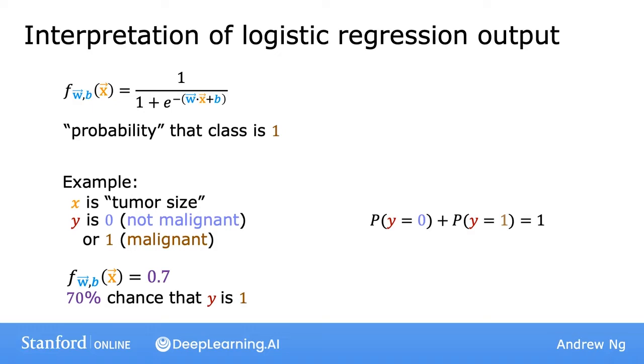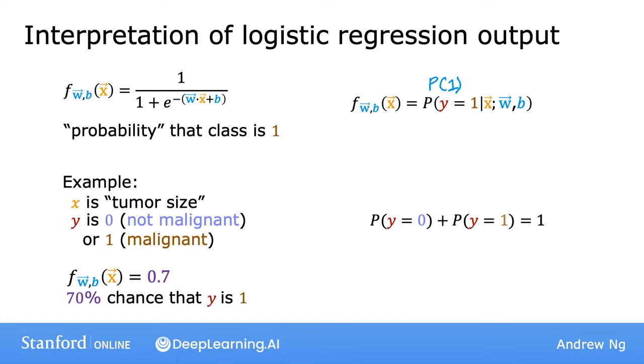If someday you read research papers or blog posts about logistic regression, sometimes you see this notation that f of x is equal to p of y equals 1, given the input features x and with parameters w and b.